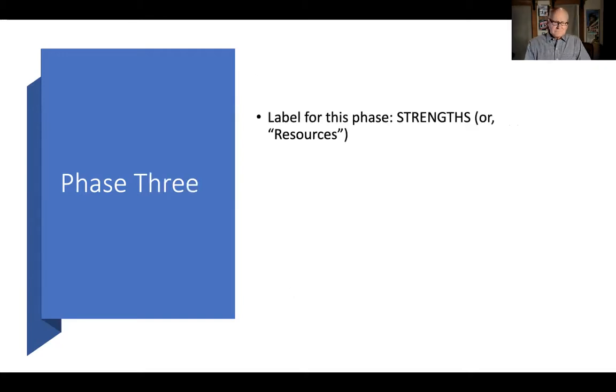Phase 3, the strengths phase, also called resources. Now, we've talked about strengths and resources ever since COM 105. Again, those of you who took 272 or 374 with me, we've talked a lot about strengths in those courses. Well, strengths, same kind of concept here.